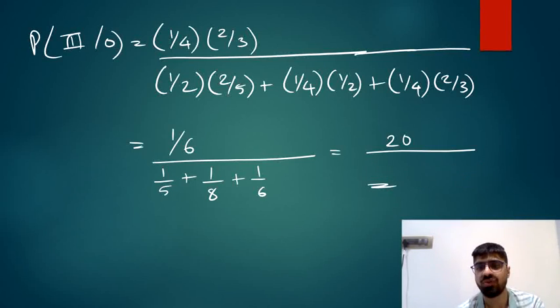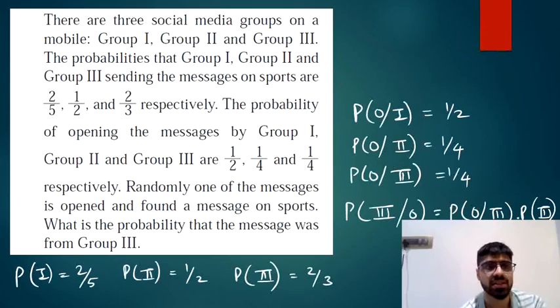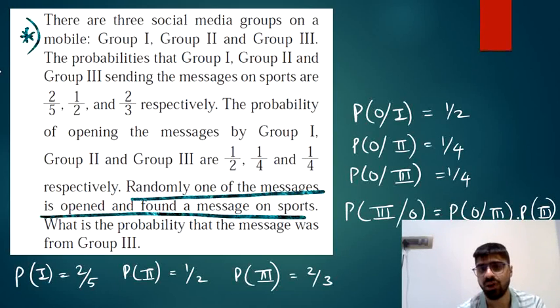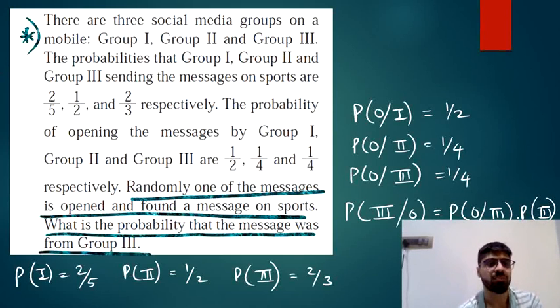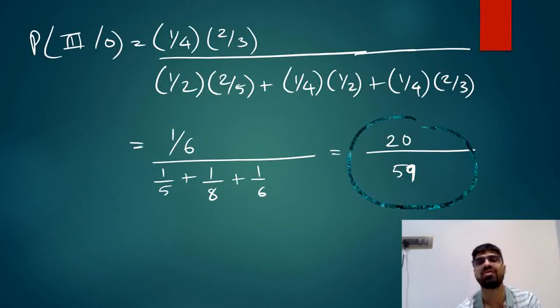Yeah, so 20 upon 59 is the required probability. Okay, and that's how you are answering this particular question. That is, if one of the messages has been opened and found to be on sports, the probability that it was sent by group 3, that probability is what we got as 20 by 59.